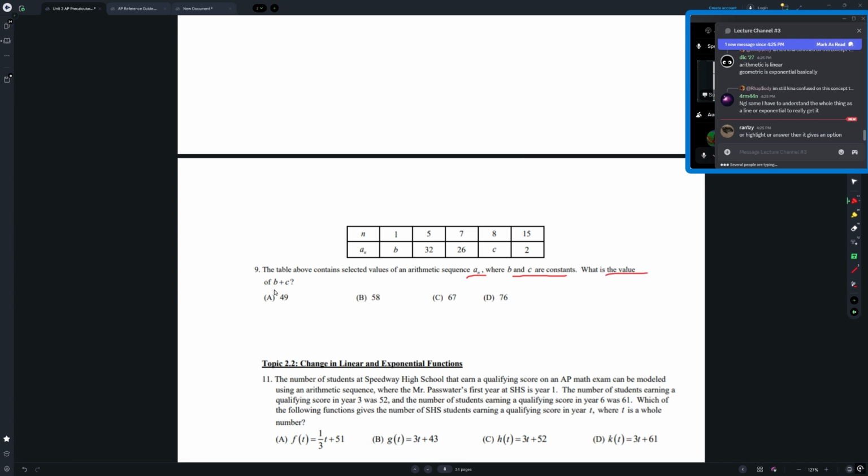What is the value of B and C? Okay, 30 more. Remember to spoiler your answers.